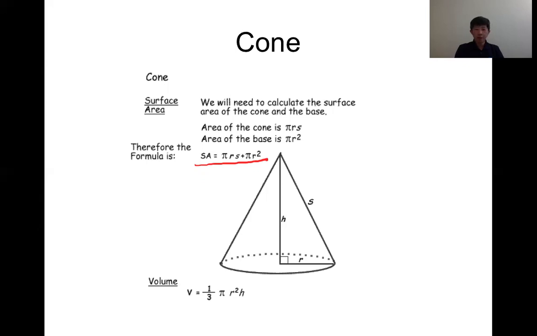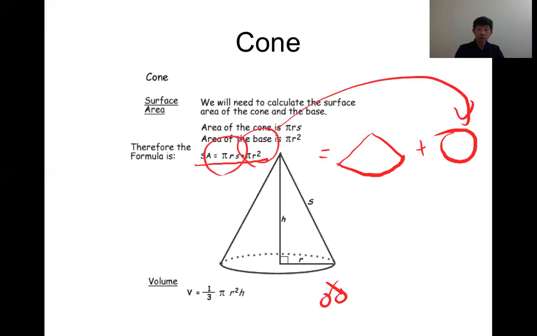If you take a scissor and cut this, you can find a shape like this, and then a circle. Pi r squared is the circle, and pi rs is this shape.